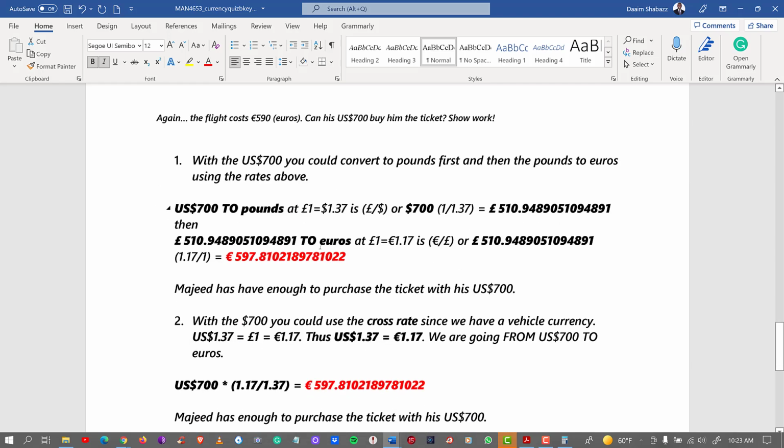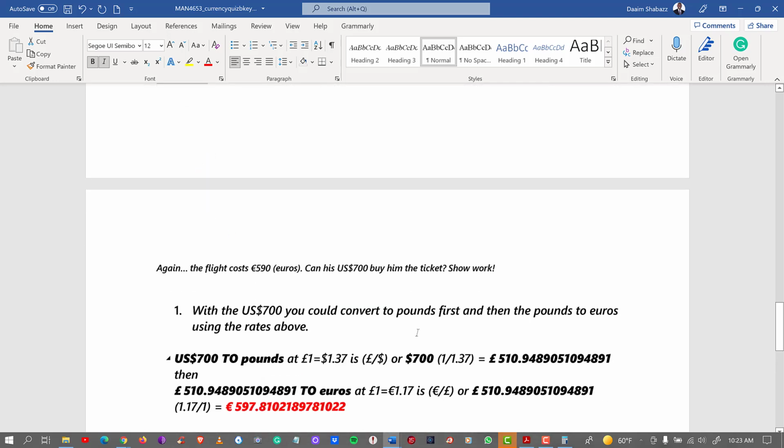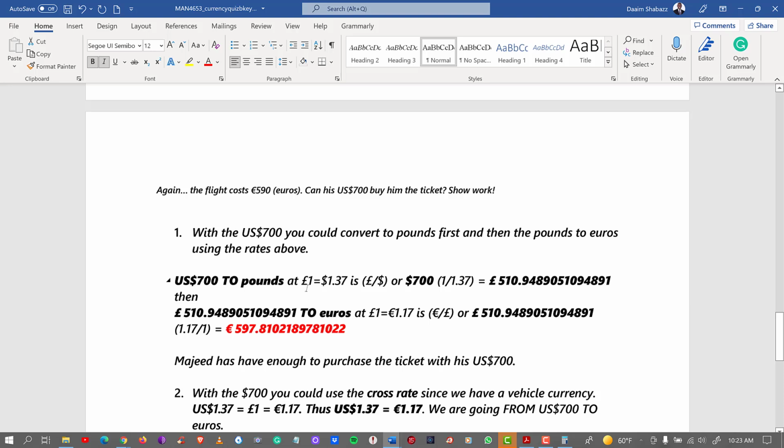So now let's go back down to the problem. How do we put those quotes to use? You can convert $700 to pounds first because you have a quote here, and the rate is $1.37 equals 1 pound.